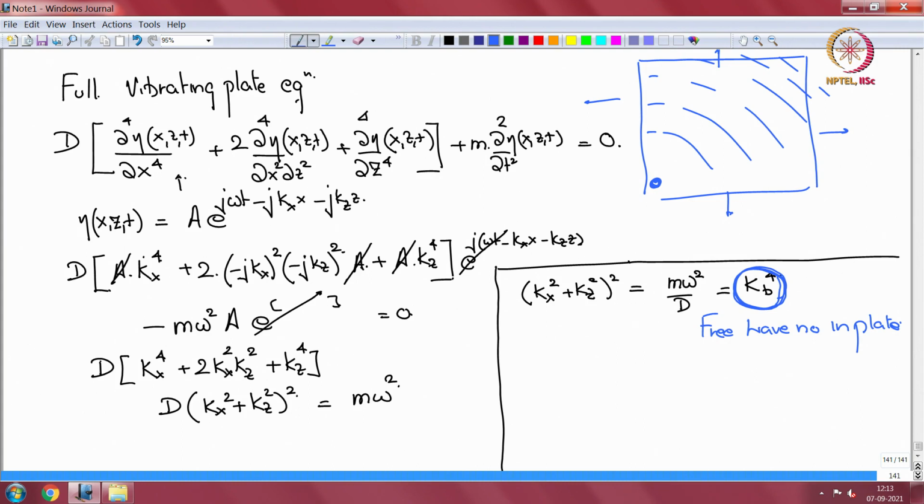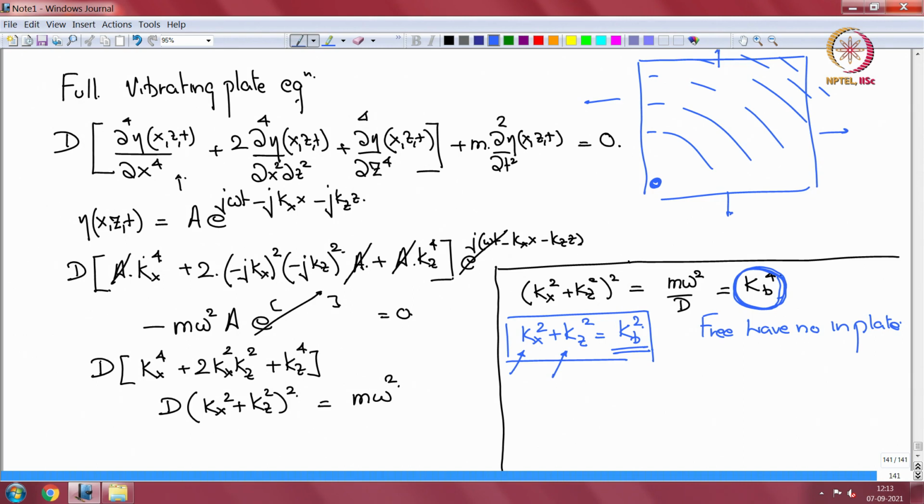Now because it's a rectangular plate, you can have it in two components, so you can have kx² plus kz² equal to kb². kx and kz are unknown, they can be any combination based on whatever boundary conditions, etc. But the square sum is kb². So this is one bit of knowledge that we need.